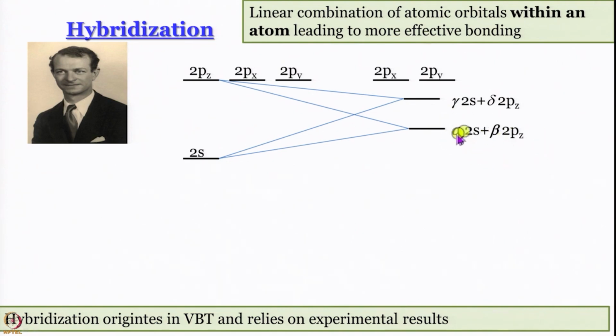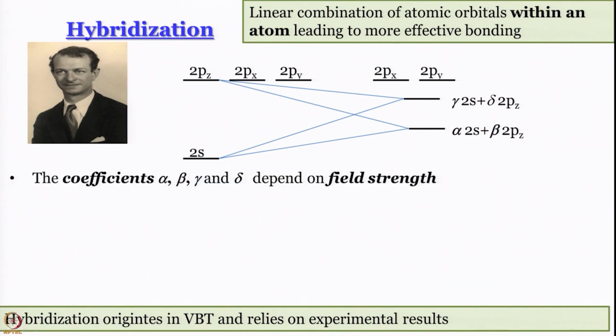These are coefficients alpha, beta, gamma, delta. Depending on the relative magnitudes of alpha, beta, gamma, delta, the energies of the two orbitals are going to be more or less or equal to each other. Okay. So, well, more about that shortly.